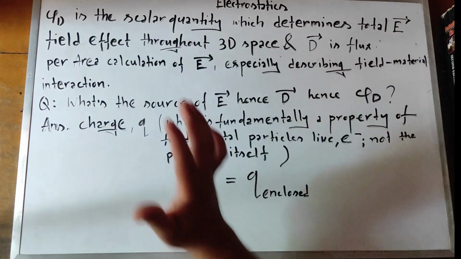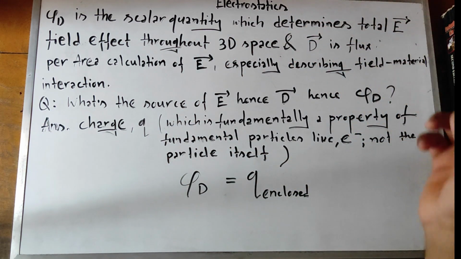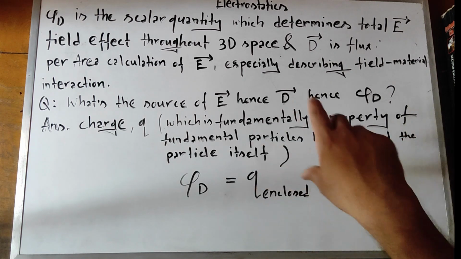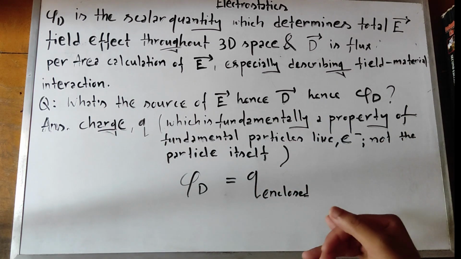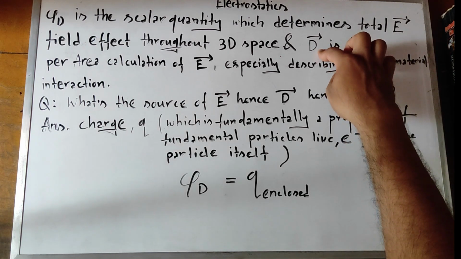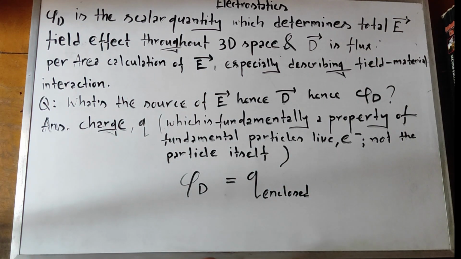Phi D, the electric flux, is the scalar quantity which determines the total electric field effect throughout 3D space, and electric flux density, or D, the total flux per area, is the calculation of electric field.